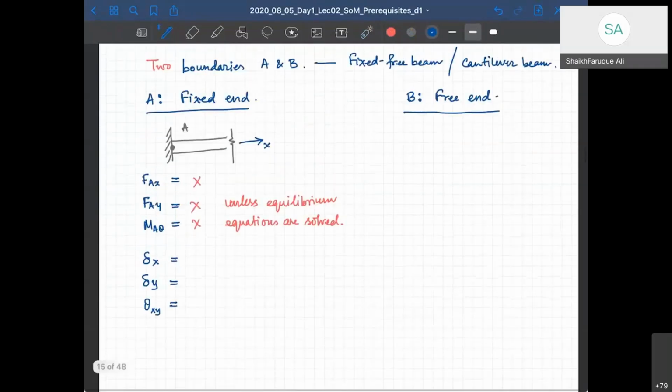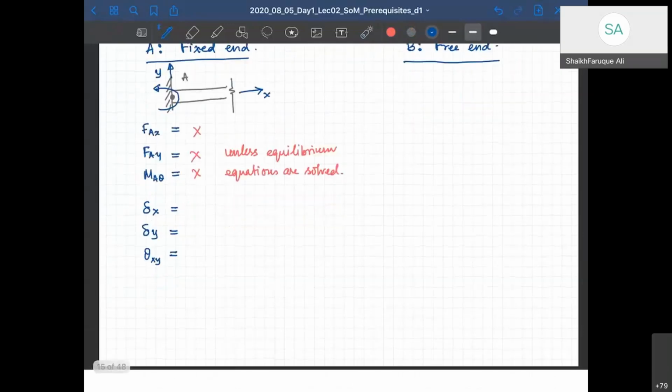Deformation along y means it is moving along the y direction. And rotation about theta, anti-clockwise positive as this one, right? How much it can rotate anti-clockwise. So my coordinates are like this. This is theta, this is x, this is y. Always note that you have to specify anti-clockwise or clockwise. Okay. Now what about delta x at point A?